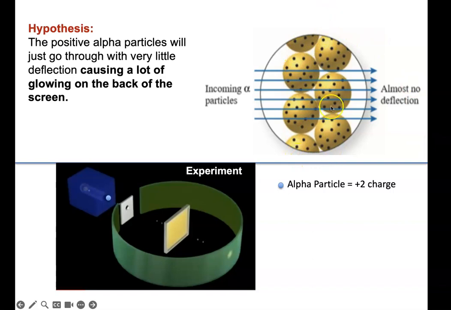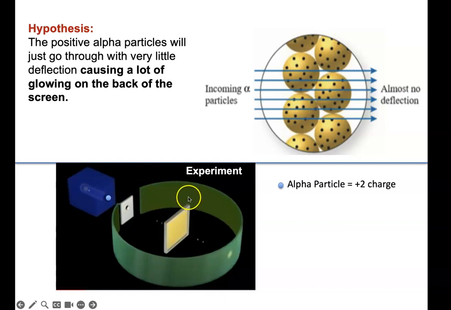Here's the thin gold foil with the dots showing electrons and the alpha particles going right through in blue. He used a thin screen to fix the gold foil, and he had a source of alpha particles inside a lead case with a thin window that allowed the particles to come through, and then he surrounded the gold foil with a circular screen to capture any alpha particles that were deflected or went right through.